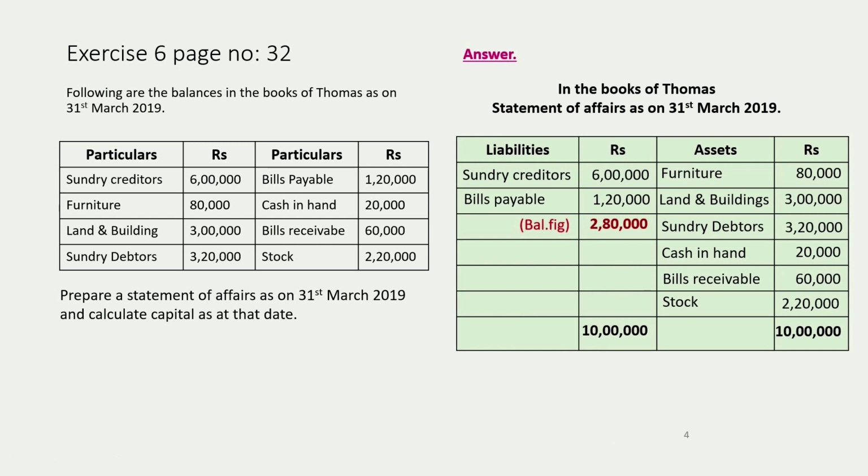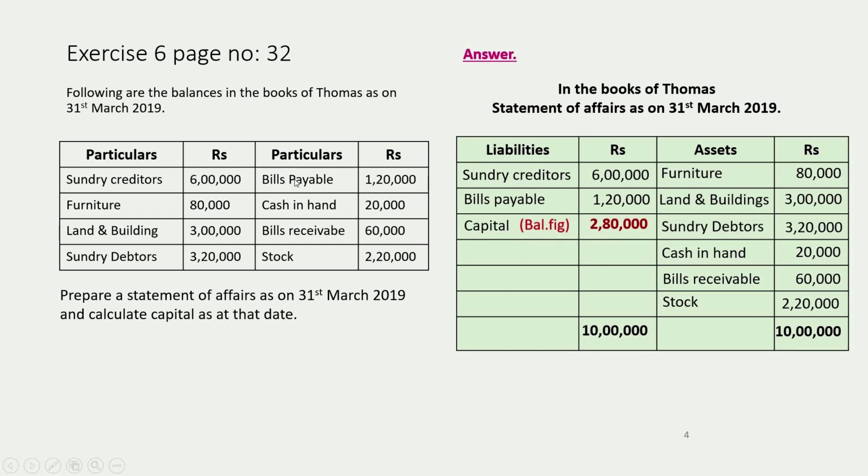How did you get this 2,80,000? Here you have 10 lakhs as the total. Here you have only 6 lakhs plus 1,20,000, 7,20,000. So 10 lakhs minus 7,20,000, you will get 2,80,000. That is the balancing figure. This balancing figure is nothing but capital. So the capital amount is rupees 2,80,000.